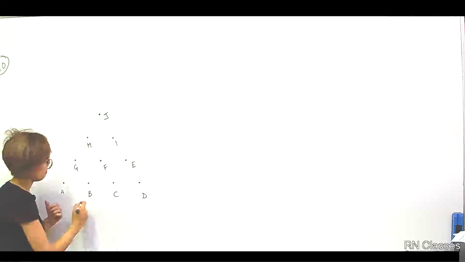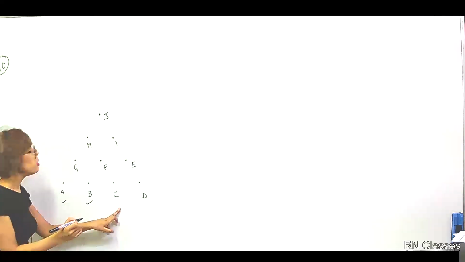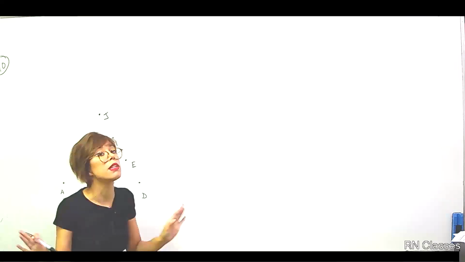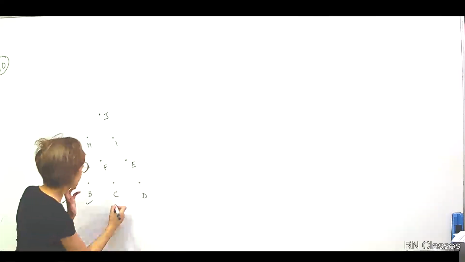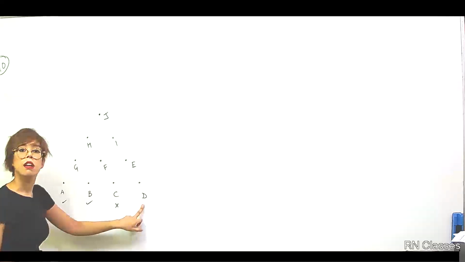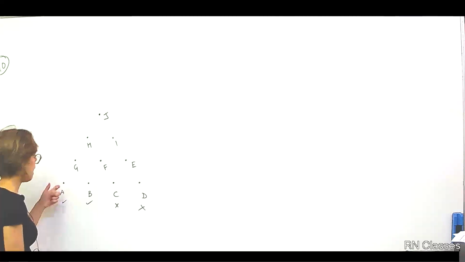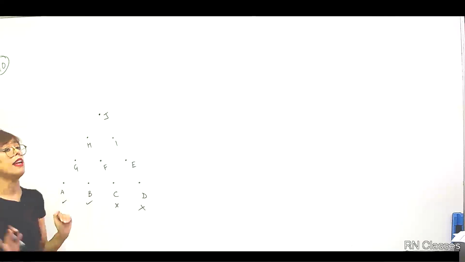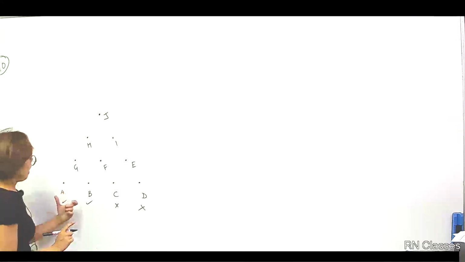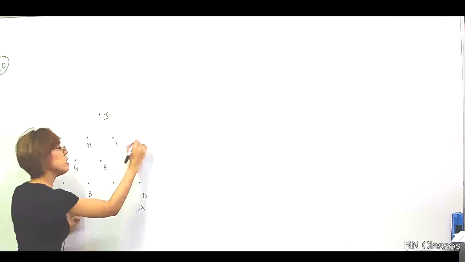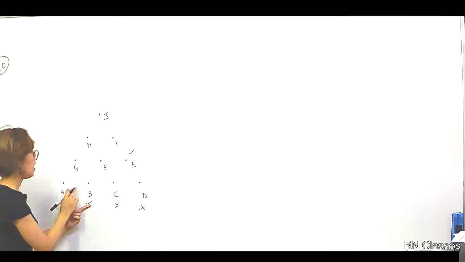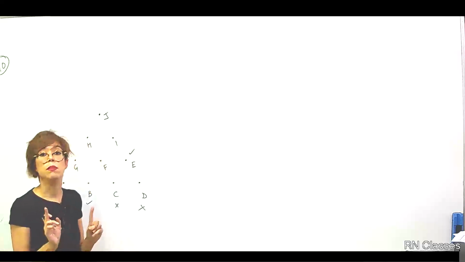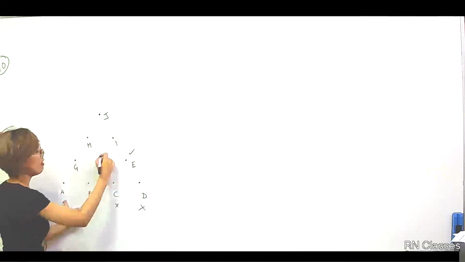Can I take the point C? Absolutely not, because these are collinear, and I know that collinear points will not give me a circle, right? So I can't take C. Can I take D? Absolutely not. A, B, D are collinear again, right? So I will not get a circle. Now A and B, can I consider E? Yes. A, B and E, they are non-collinear points, so that will give me a circle, right? Can I take F?